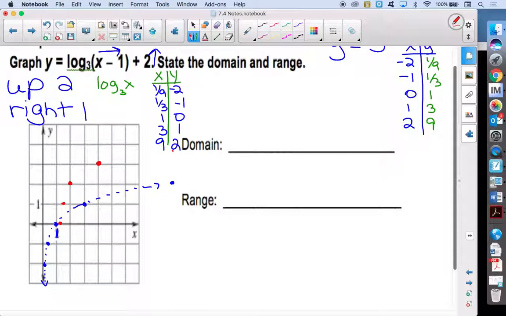And if we wanted to graph that last one, we could. So start down below. So I just took my point, moved it right and up. Took another point, moved it right and up, and so on.